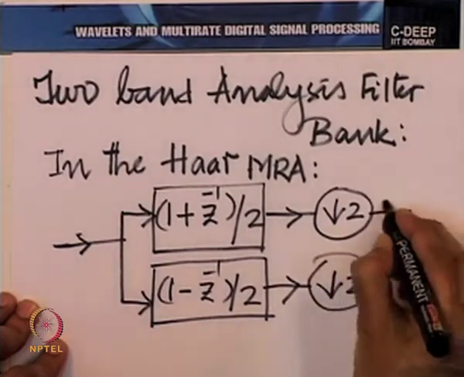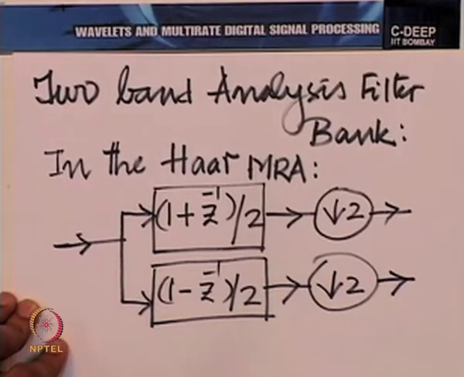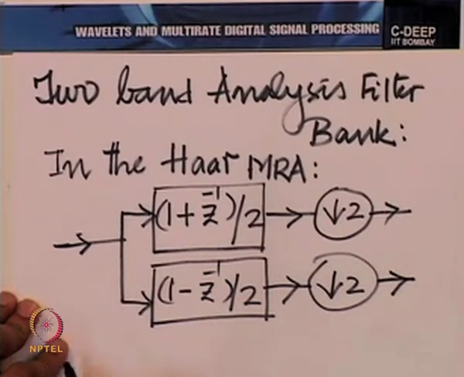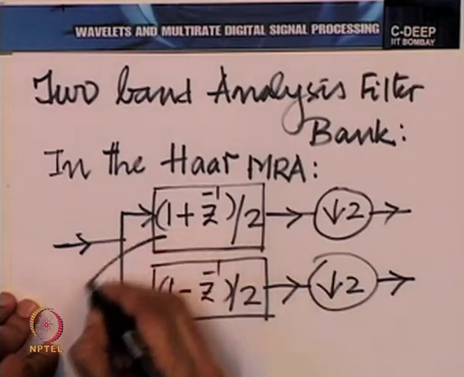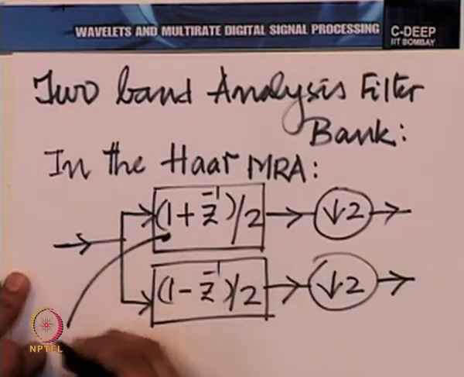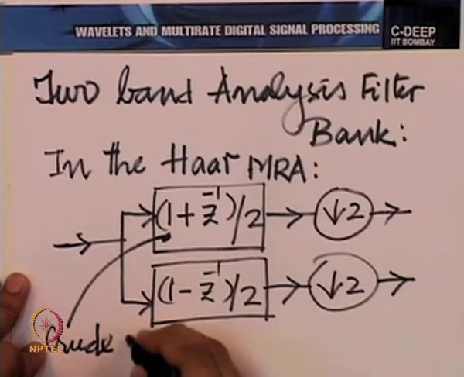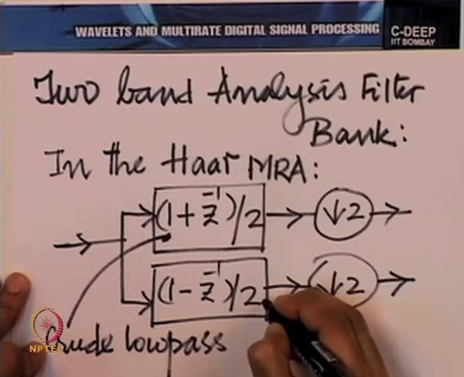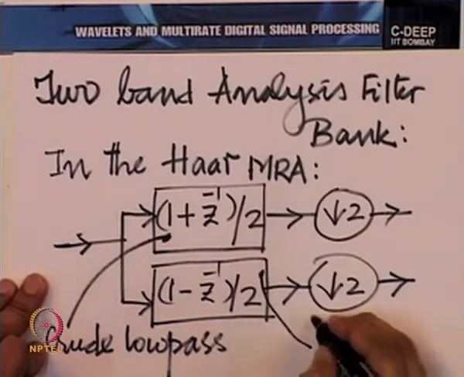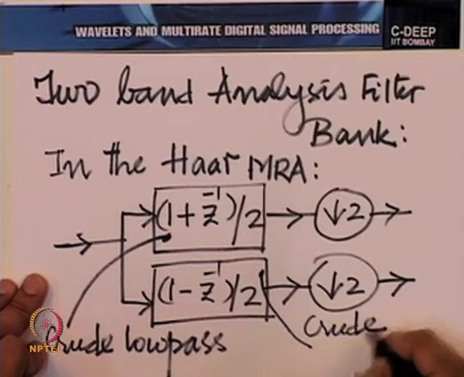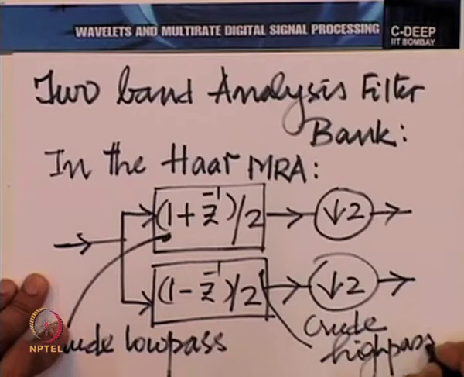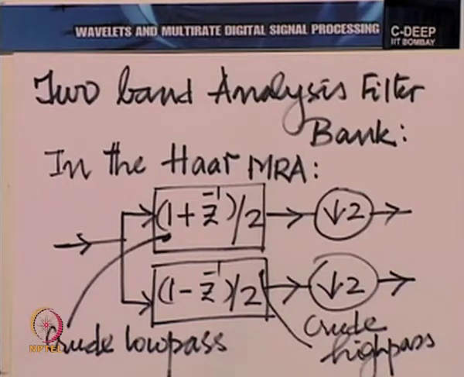This was the structure, and we also analyzed the frequency domain behavior of these 2 filters. In fact, this turned out to be a crude low pass filter, and this turned out to be a crude high pass filter. Of course, high pass and low pass as understood in the discrete time sense.